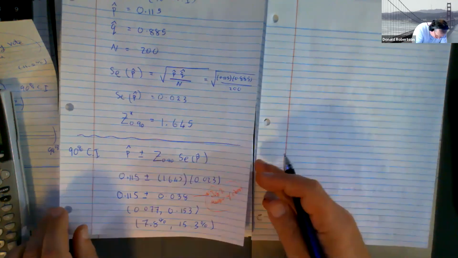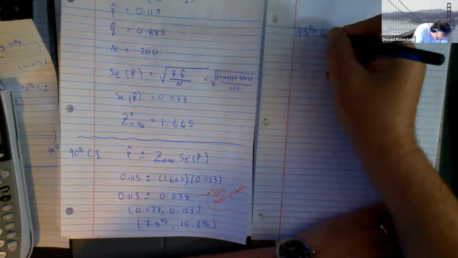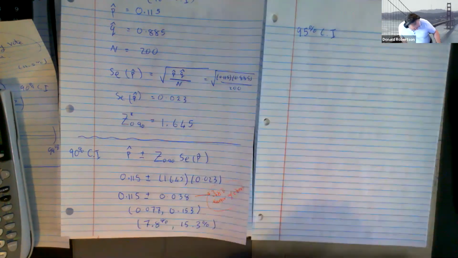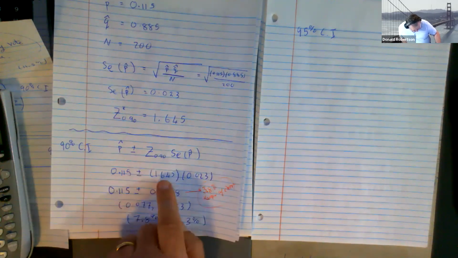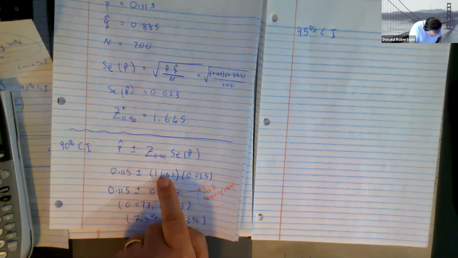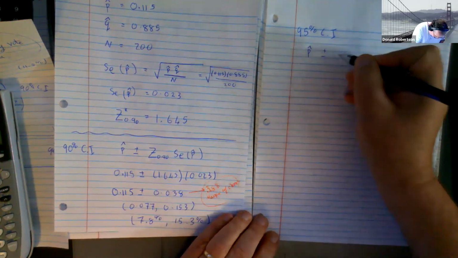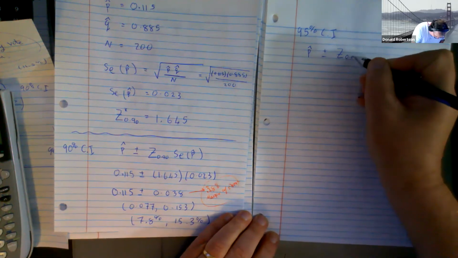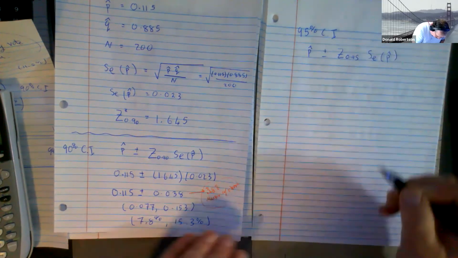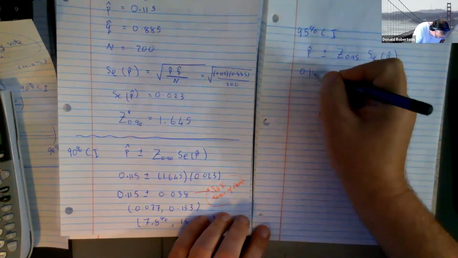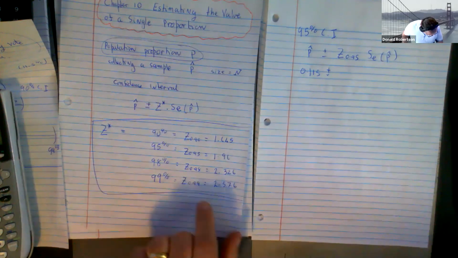Now, the only difference in creating a 95% confidence interval, the only number in this entire formula that changes, is the Z-score. So it's still going to be p hat. It's going to be a magic Z-score for 95. Everything else is the same. So it's going to be 0.115, give or take, the magic Z-score for a 95.